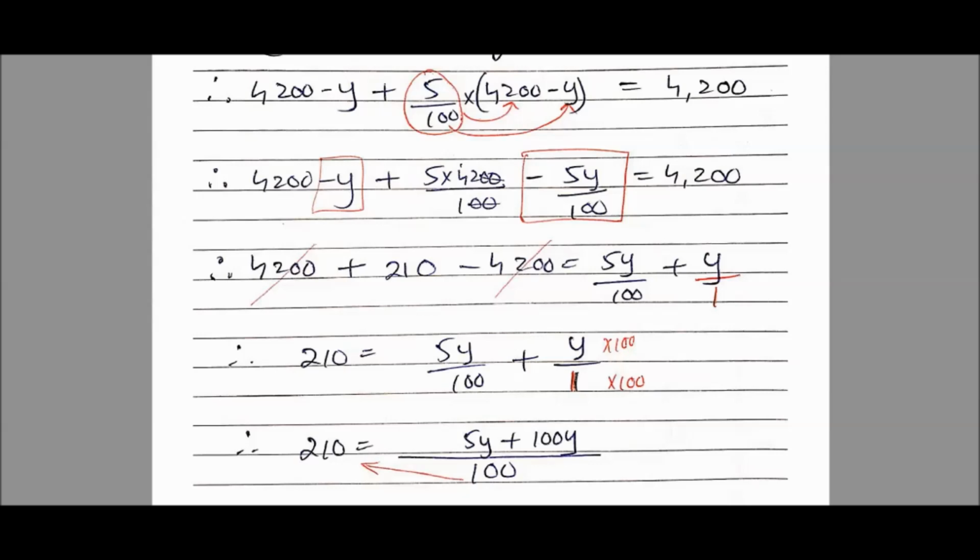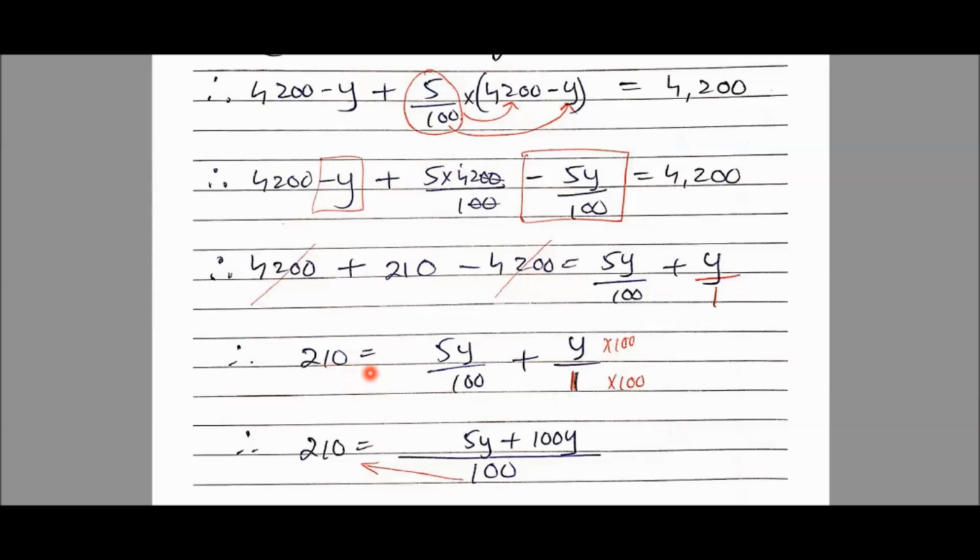And this 4,200, please see my cursor, will come on the left hand side and it will become minus. Okay, so it will become 4,200 plus 210. From where this 210 came, 5 into 42 minus 4,200. 4,200 in plus and minus gets cancelled.